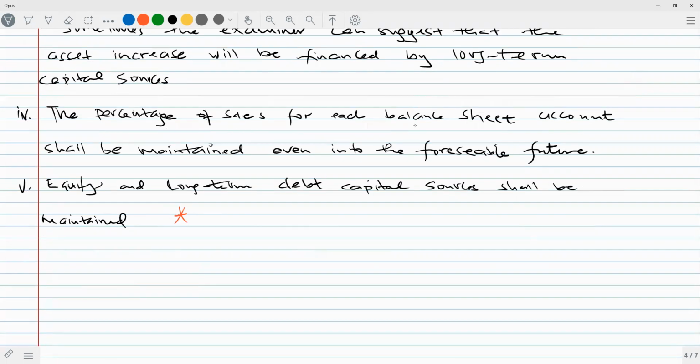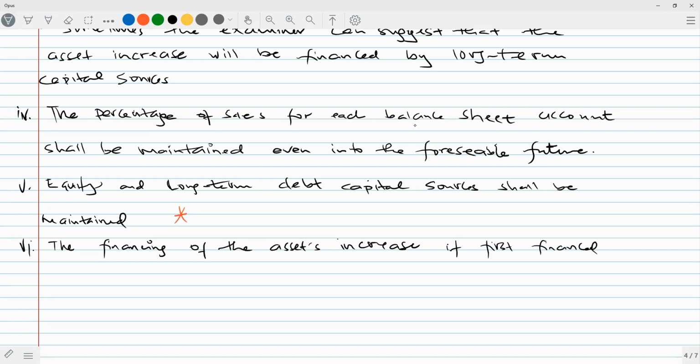Another assumption: the financing of the asset increase is first financed using spontaneous finance sources.